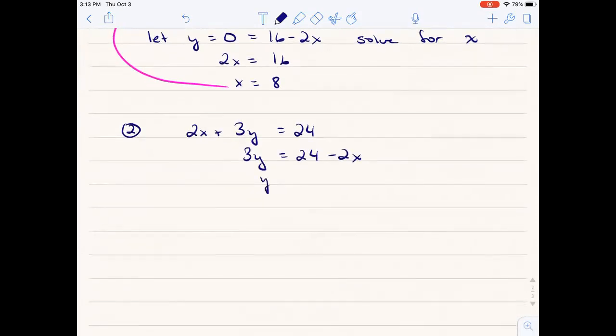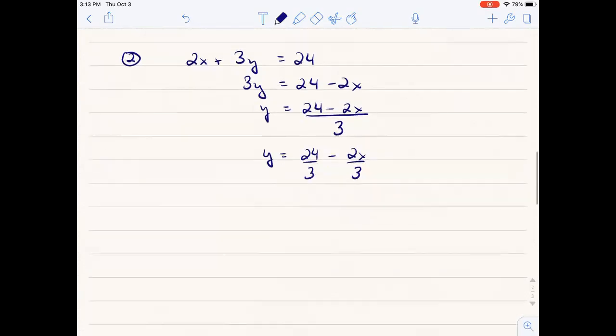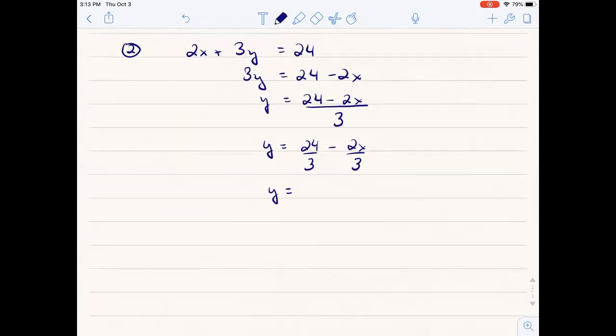So I get y is 24 minus 2x all over 3. So y is 24 over 3 minus 2x over 3. 24 over 3 we can simplify to 8, but 2x over 3 is just 2x over 3.